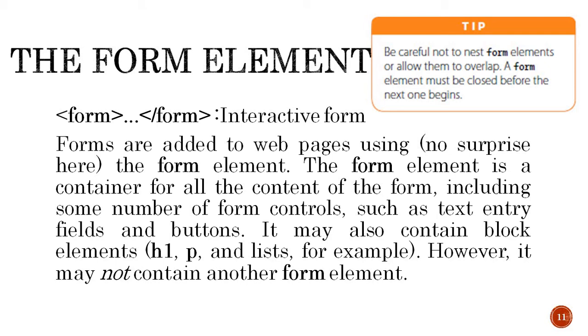It may also contain block elements, like if you want to highlight the controls with the help of H1, paragraph, list, etc. It may not contain another form element. Only one form element will be contained within the HTML tag.